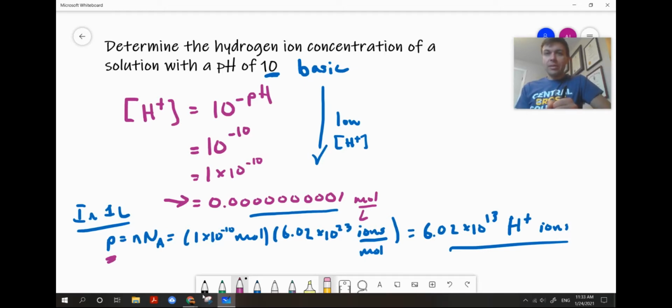So I multiplied the moles, 1 times 10 to the negative 10, by Avogadro's number, the number of ions in 1 mole. And we find that even in such a small concentration, we have 6.02 times 10 to the 13 hydrogen ions. So that is still a huge number of hydrogen ions in a liter of water in what we consider a basic solution.